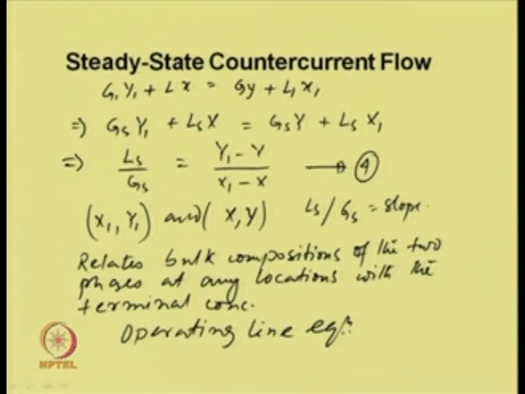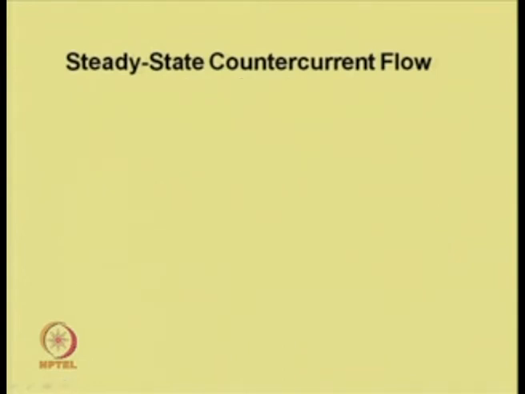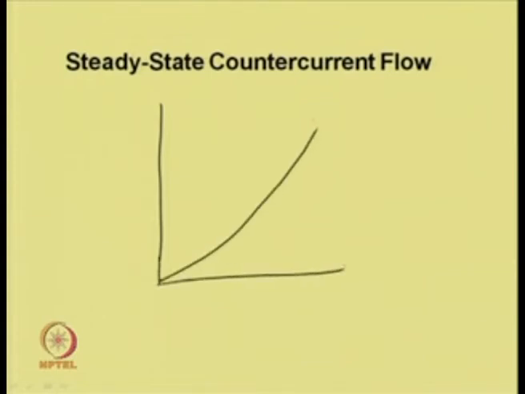If we plot for the case we discuss, this is the equilibrium line and this is the operating line with a slope L s by G s, and this is the concentration.